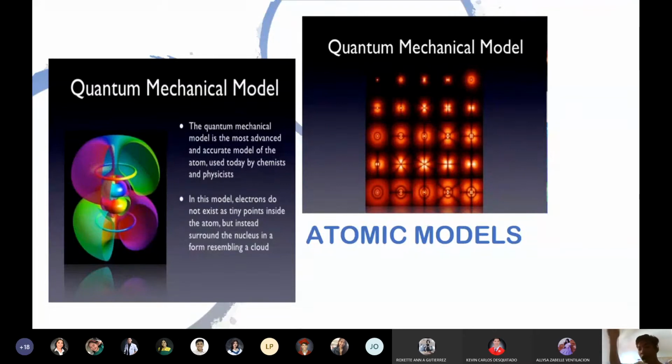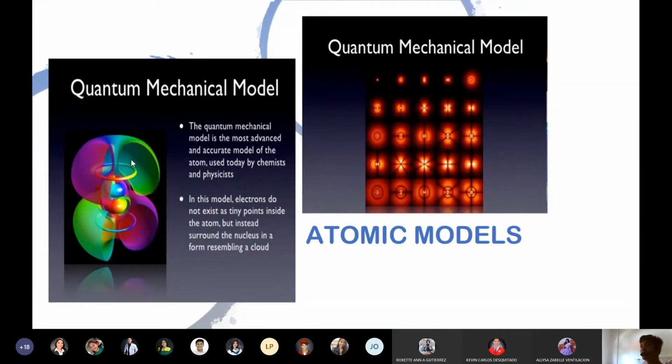Wherein at the highest peak of your bell curve, you can find your data. Dito sa quantum mechanical model, this region, itong mga shape na yan, that corresponds where the electrons can be found. So, medyo statistical yung approach ng quantum mechanical model. Hence the term statistical mechanics. So, yun lang yung idea.